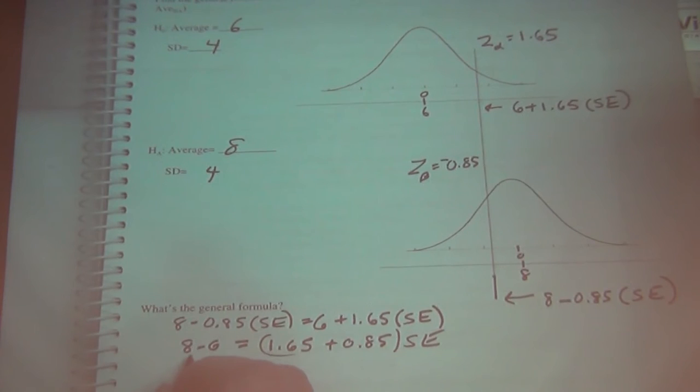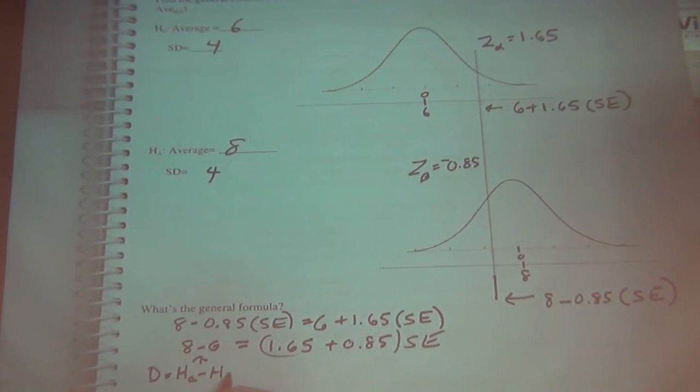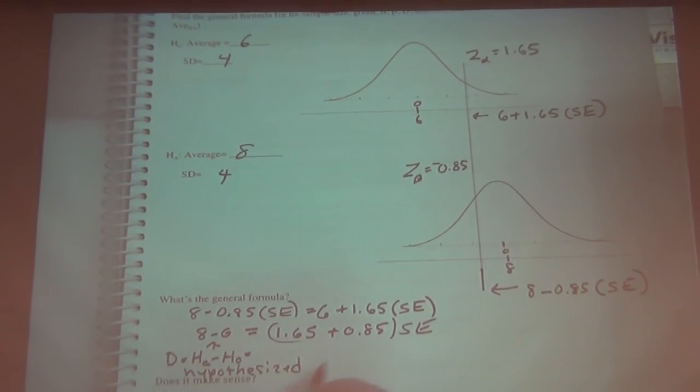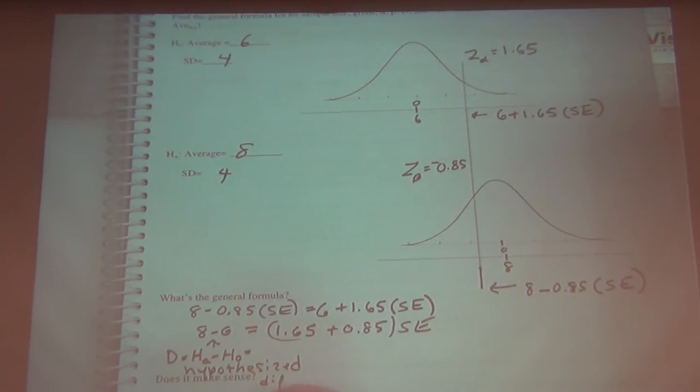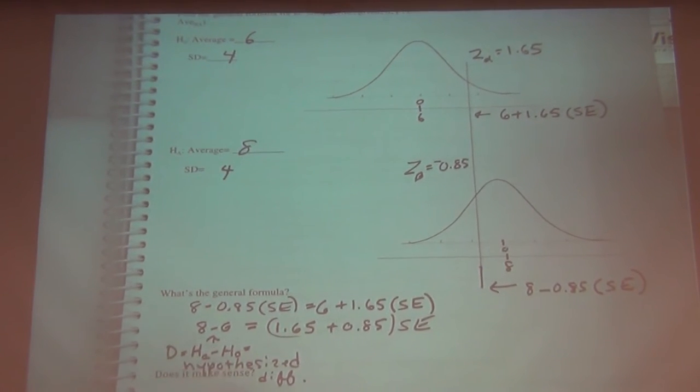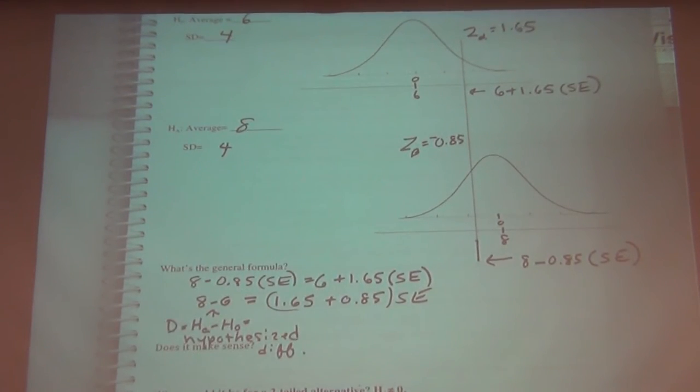This right here is D, we'll call it, which is really just our alternative minus our null. Think of it as our hypothesized difference, our effect size. This is the effect size, 2 hours.